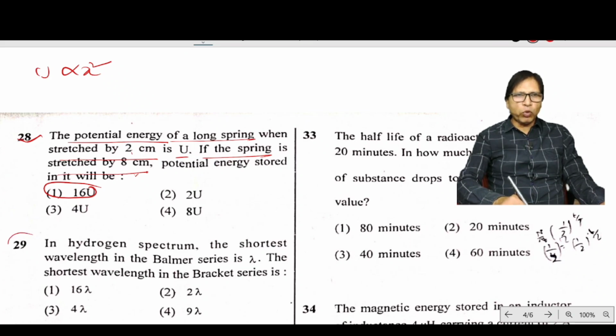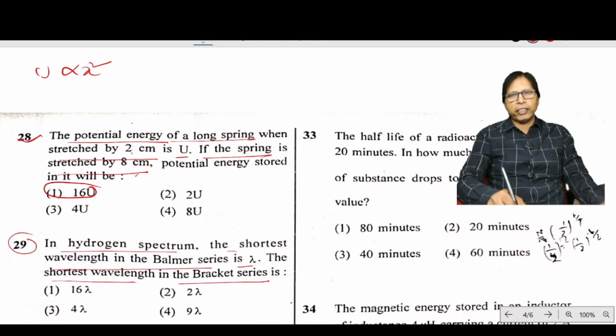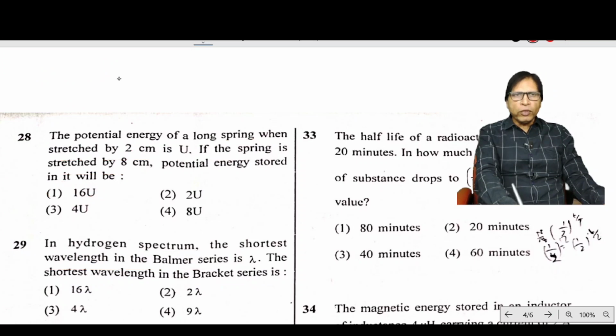Now question number 29. In the hydrogen spectrum, the shortest wavelength in the Balmer series is lambda. The shortest wavelength in the Brackett series? Suppose 1 by lambda 1 for Balmer series equals R times (1 by 2 square minus 1 by infinity square).